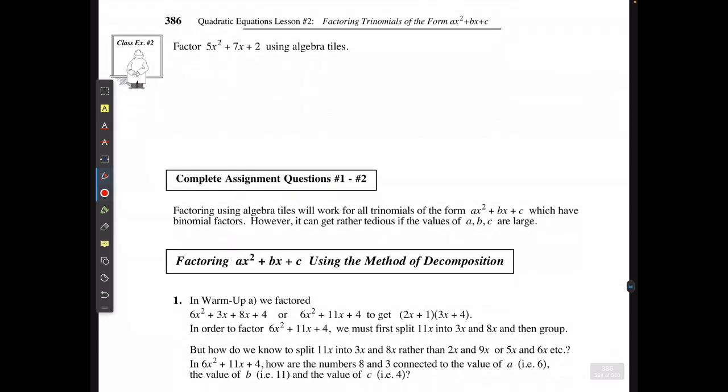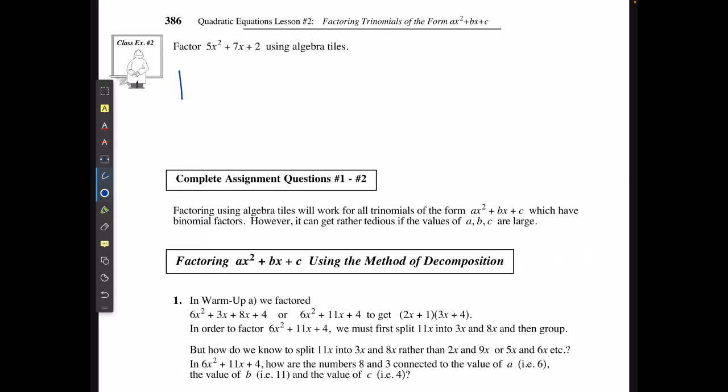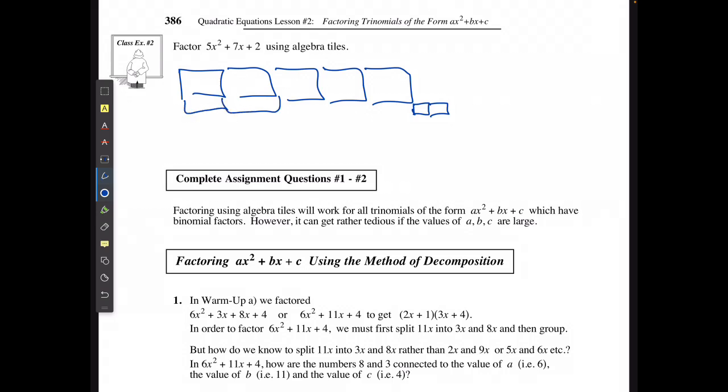If I'm doing the same thing with 5x squared plus 7x plus 2, then I'm going to follow the same process. I would take my 5 x squareds, and the only way I can arrange them is in a long row. I'm going to take my two individual tiles, and then I'm going to fill in my x's onto the other sides.